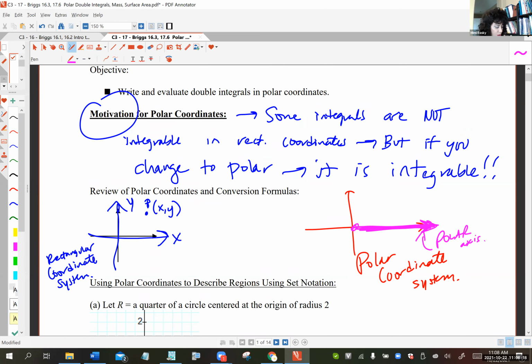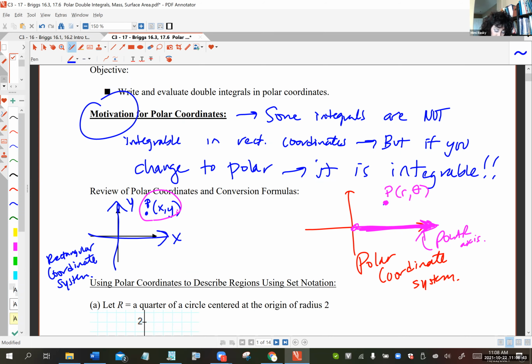Okay. So the question is, how do I locate this same point P over here in the world of polar? We'll still call it P, but instead of x and y coordinates, you're going to have an r, which kind of stands for radius. You could think of it that way. And a theta, which is an angle. So, what's the r and what's the theta?